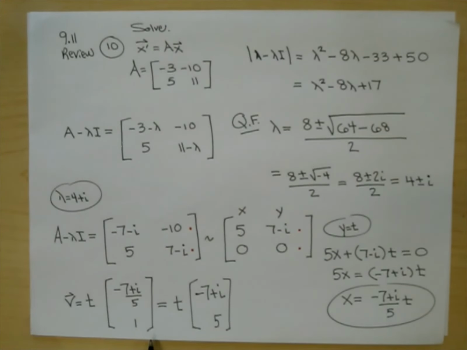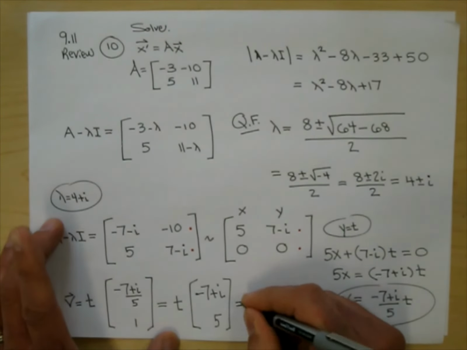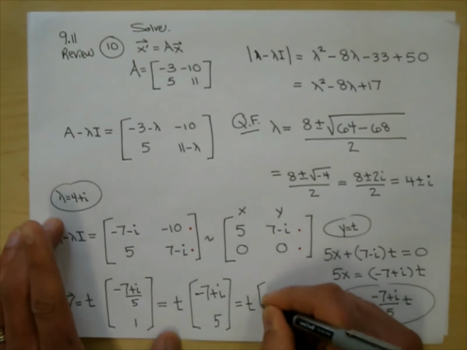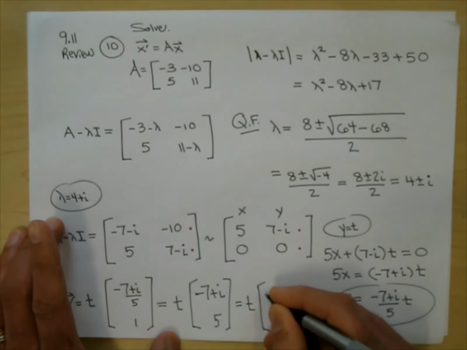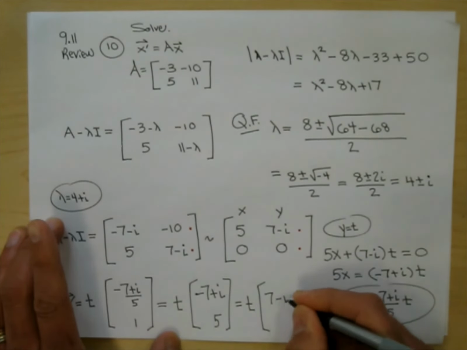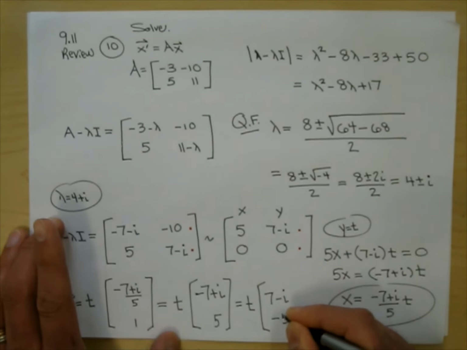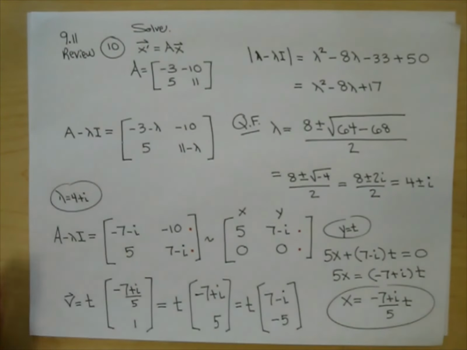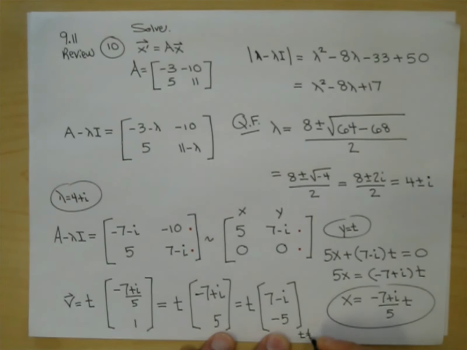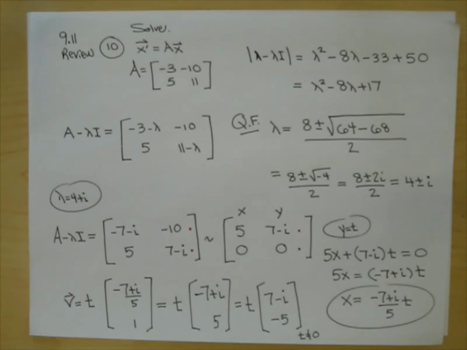That's the same representation. Really, it doesn't matter which one you go with. And t does not equal 0 because these are eigenvectors.